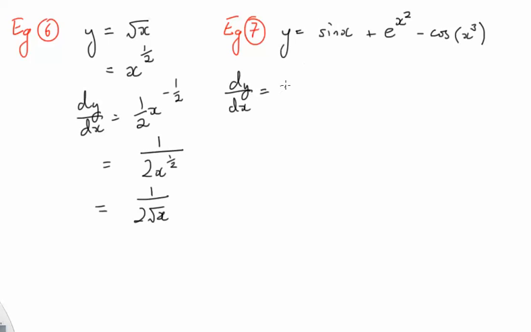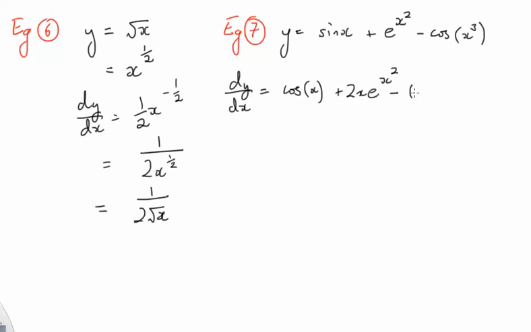Diff of sine of x is cos of x. Decided to put it in brackets that time for no good reason. The diff of that is 2x e to the power of x squared minus, well, cos diffs to negative sine, and I'm going to put that derivative out the front. So there's a negative sign just there, and there's going to be another negative sign because cos diffs to negative.